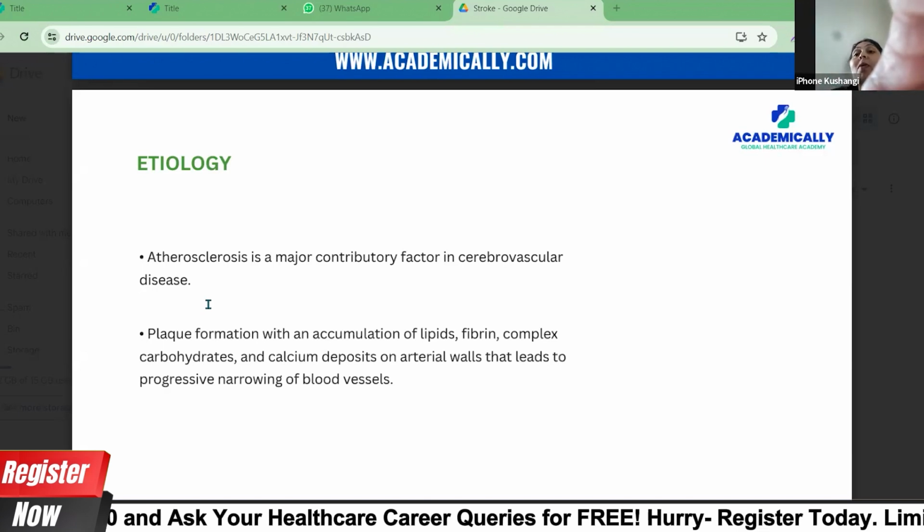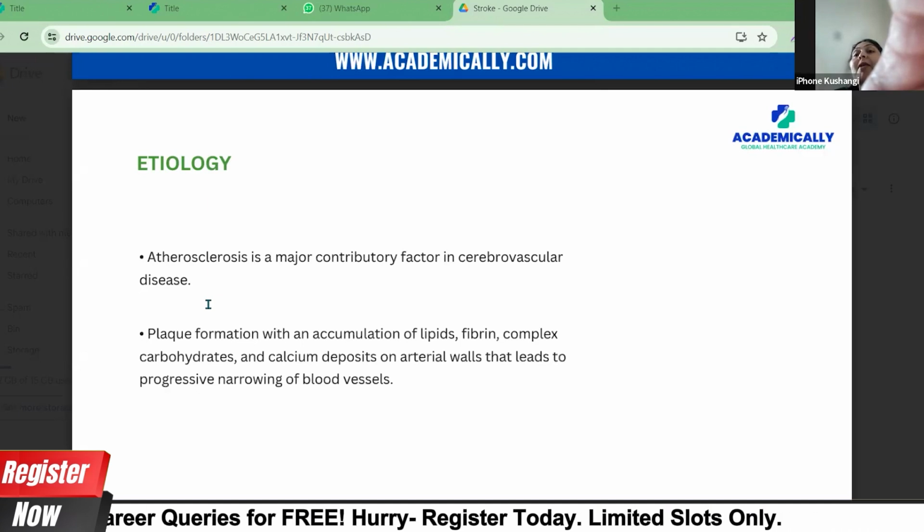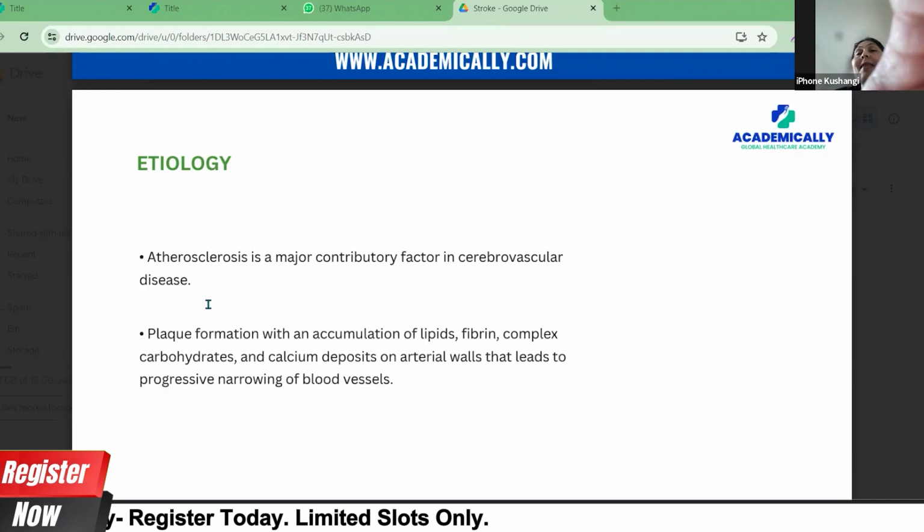Plaque forms with an accumulation of lipids, fibrin, complex carbohydrates, and calcium deposits on the arterial walls, which leads to progressive narrowing of blood vessels. So atherosclerosis is the most common cause of the stroke. Next, please.